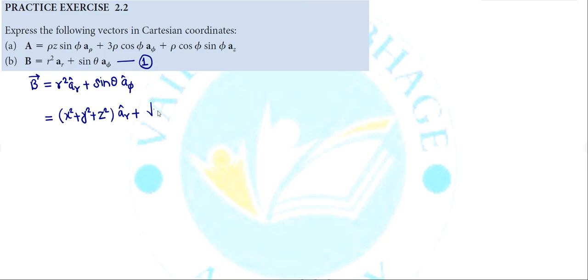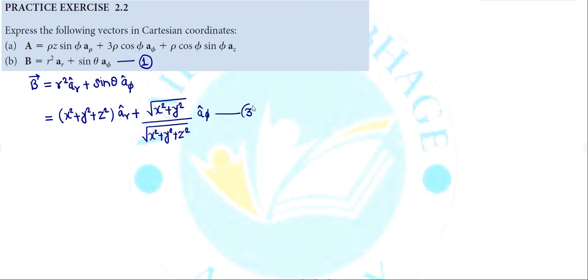So which is what? X square plus y square, that to taken in the square root, divided by square root of x square plus y square plus z square, having component along phi direction. Okay, so assign equation to this one.